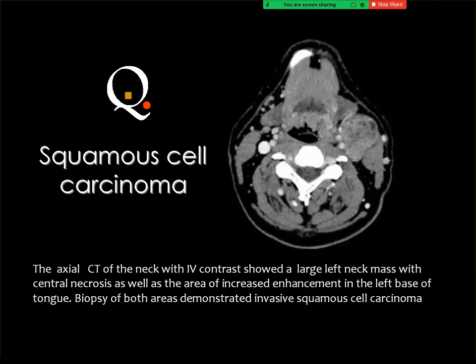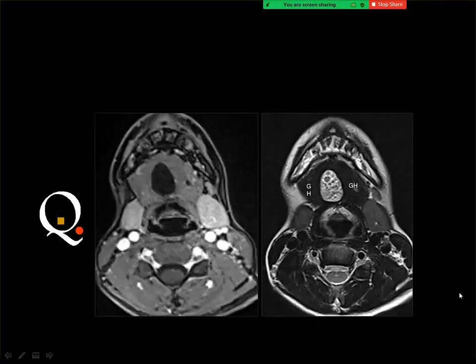If I asked you what kind of benign lesion is located in this area, this is the site of lymph nodes in the neck. And if this is a lymph node, it should be malignant, of course. Then we have to think that this is a malignant lesion, and you cannot find a good answer for a benign lesion in this particular area.